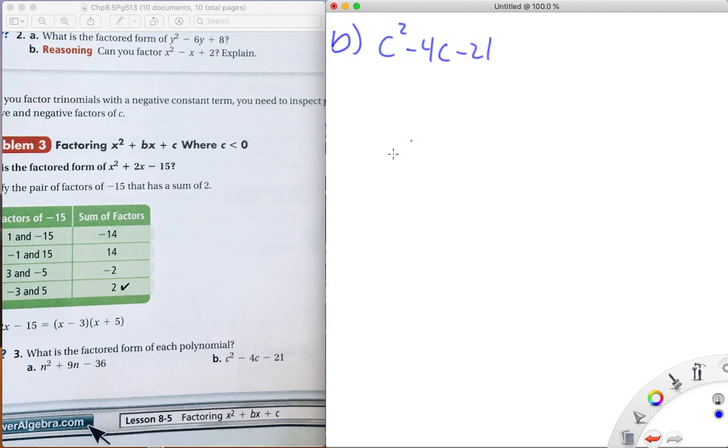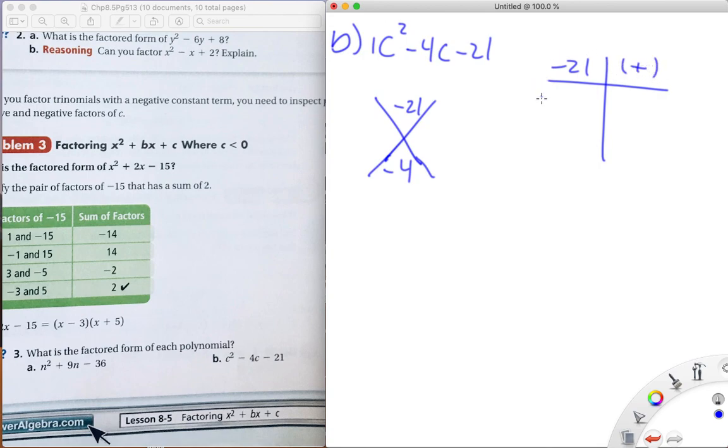Okay. Doing my diamond method. Remember, there's a 1 here. 1 times negative 21 is negative 21. And when I add them up, they got to give me negative 4. So the product is 21, and when I add them up, they best give me negative 4.